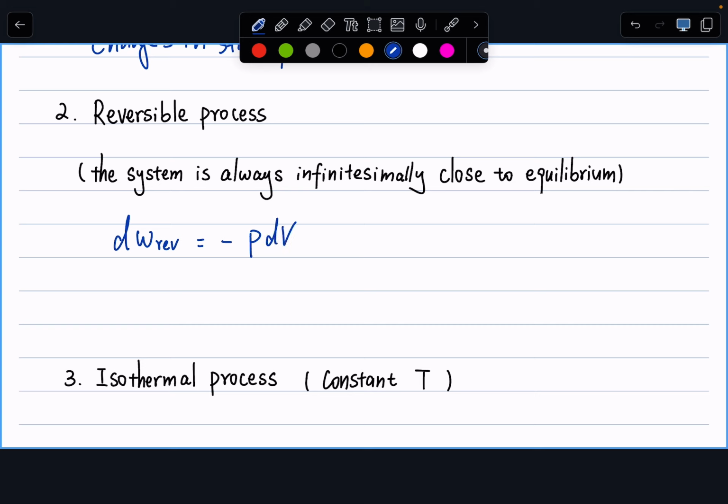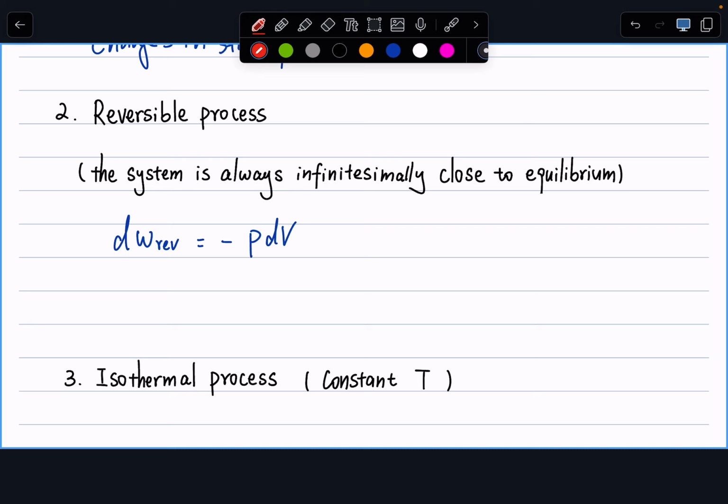Notice that on top of PV work, we have other types of work that we care about. Say we can have electric work, right? That's in electrochemistry. But for this class, we'll focus on PV work only. Later on, once you digest PV work, then the electrochemistry will become quite straightforward for you. So let's focus on PV work only. So this dW reversible equals negative PdV.